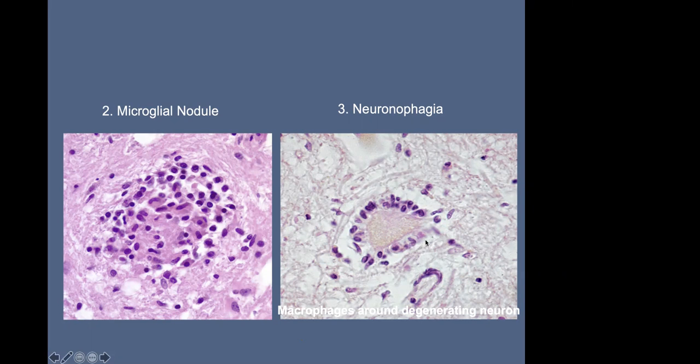If you look at the gray matter, you will see that the degenerating neurons are surrounded by these activated microglia. And what they will do is they will scavenge the neuron because it's filled with the virus particles. It's a phenomenon we call neuronophagia, or eating up of the neuron.